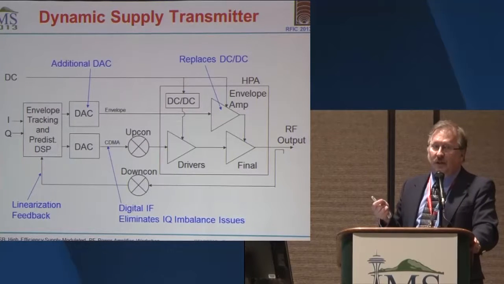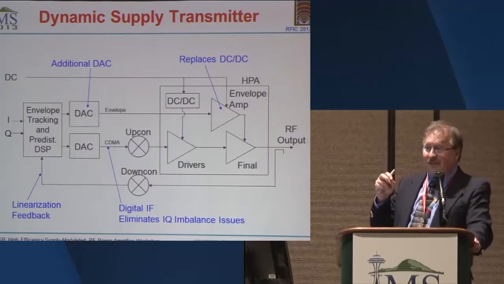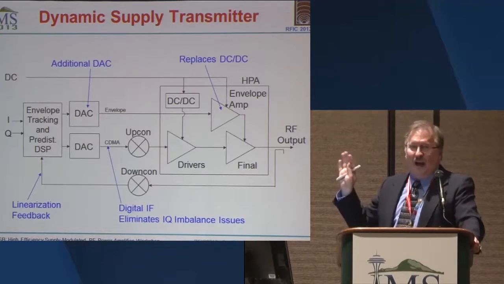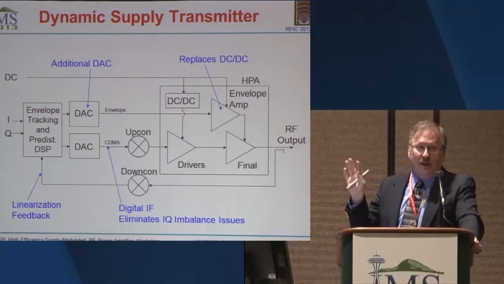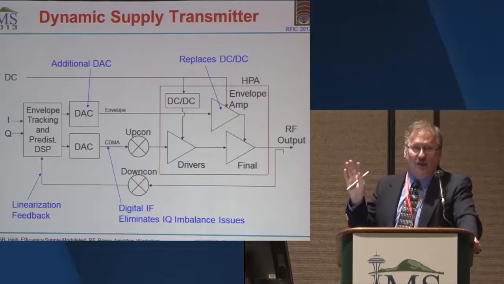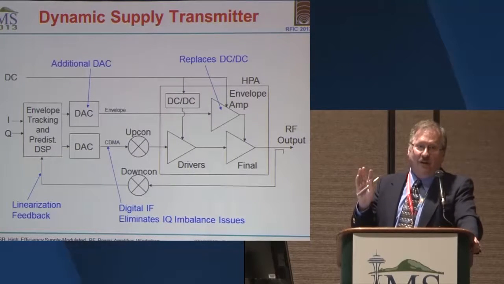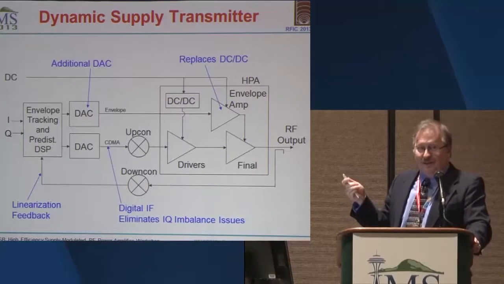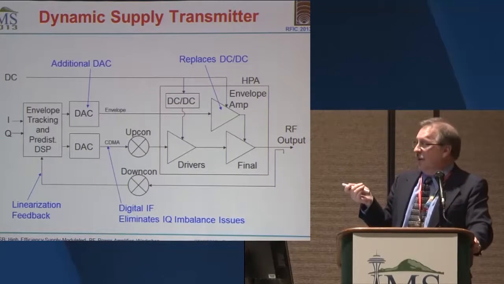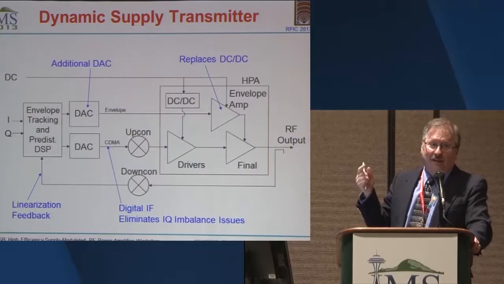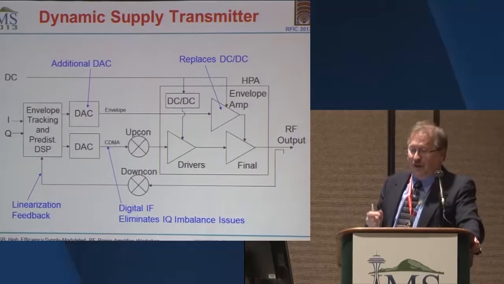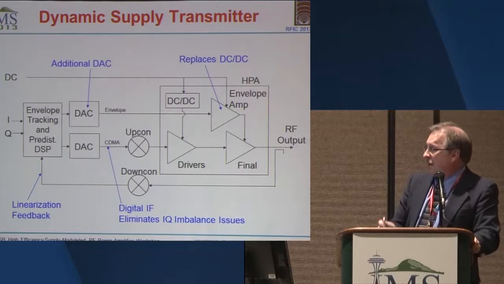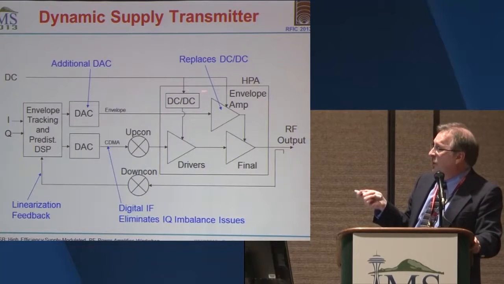So, for all of the signal processing work we do here, I don't pay attention to IQ imbalance issues and LO leakage through the IQ modulator, because we're able to put that aside by sacrificing half of our bandwidth on our DAC and using a digital IF frequency and getting away from that issue.